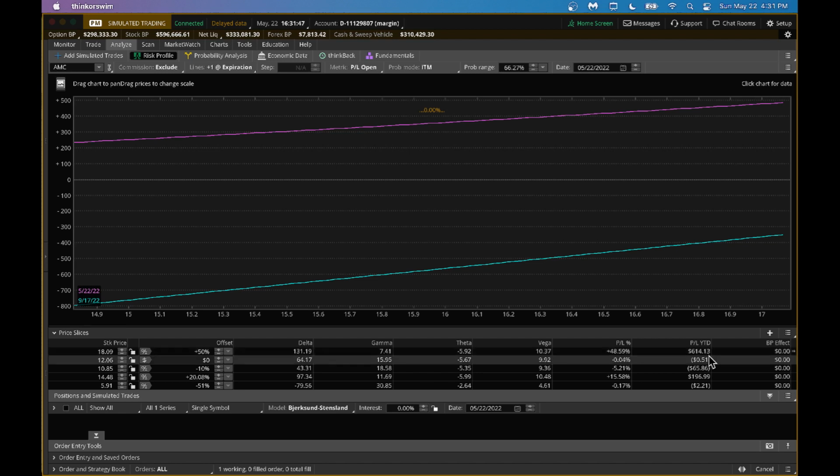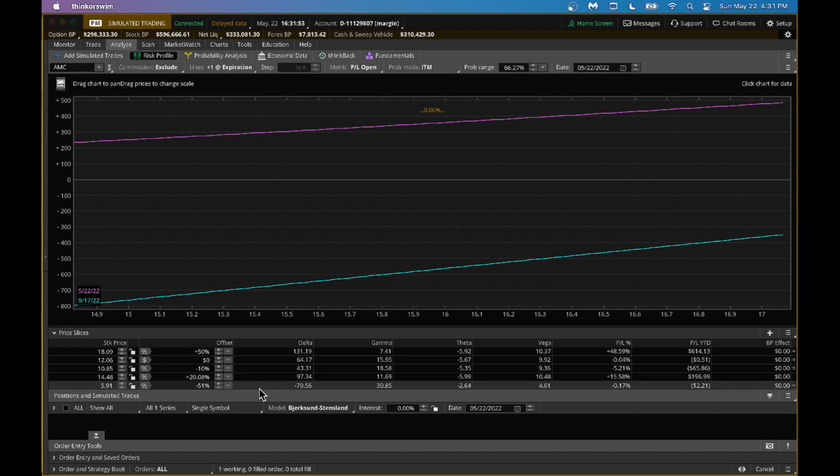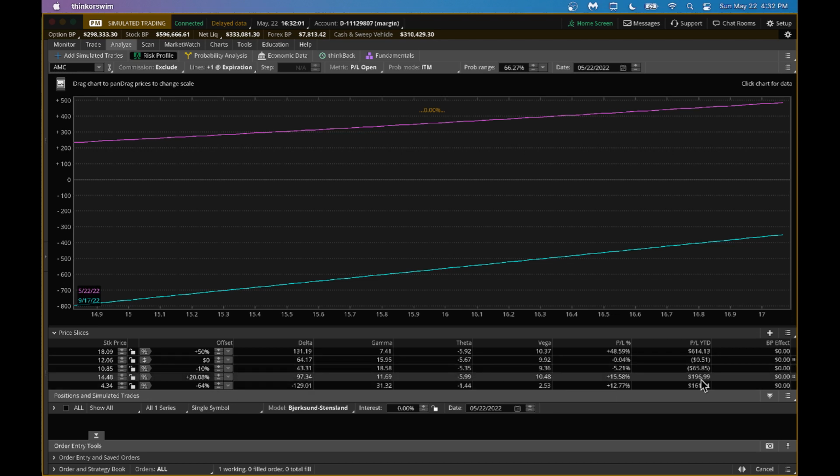If the price goes up by 20%, you'll make some good money. If the price goes lower, it has to go further down for you to make money. As the price goes lower, down by 60-70%, you'll start making money. So this is one good strategy you can do for high octane stocks, which may go higher or lower. It's a coin toss. That's when you buy either a straddle or a strangle.